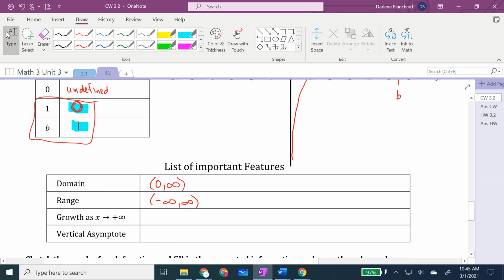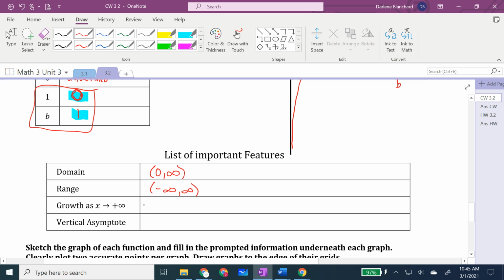And so the growth is that it continues to get bigger. It does get larger, but it slows down. And it slows down forever. It just continues growing slower and growing slower and growing slower.